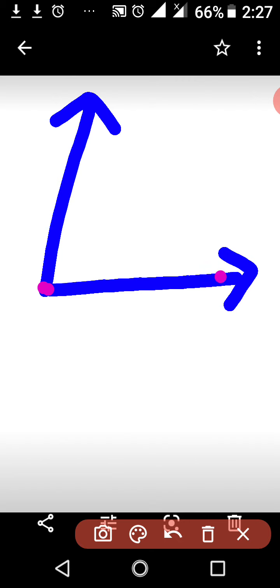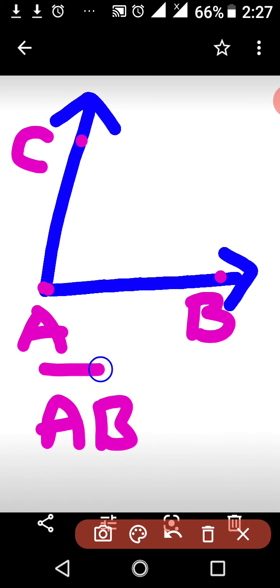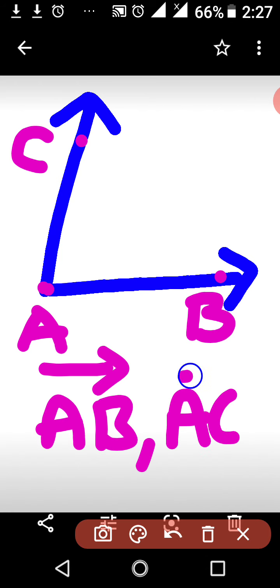Now look at the diagram here. This is A, and this point on the ray is B and this point is C. Now this AB is a ray actually and AC is also a ray. These two rays for the angle are known as arms or sides of the angle.